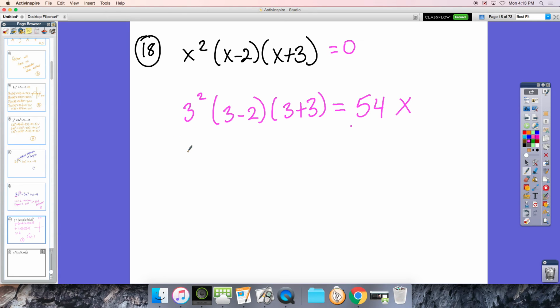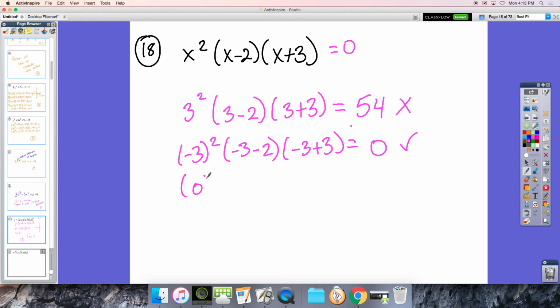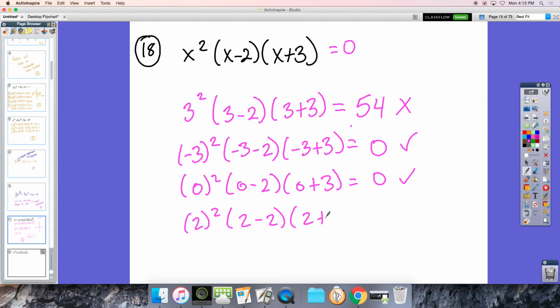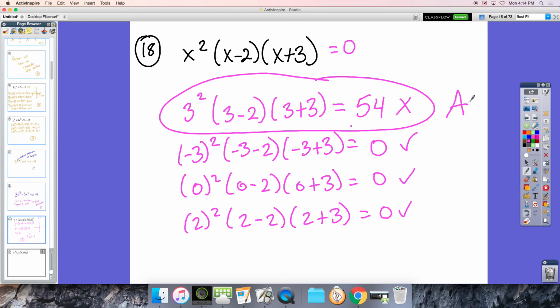I would go ahead and try your other numbers just to make sure. That one, when you type it in, gives you 0. When you type in 0, you also get 0. And when you type in 2, you also get 0. So your answer, the one that is not a 0, is A.